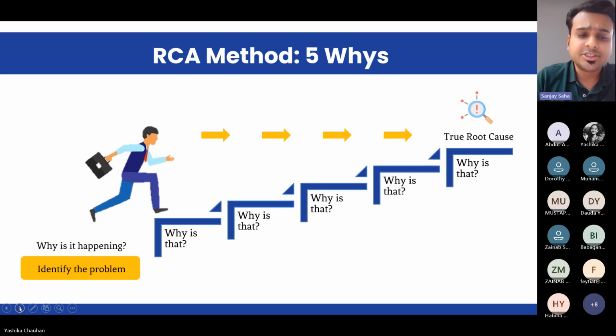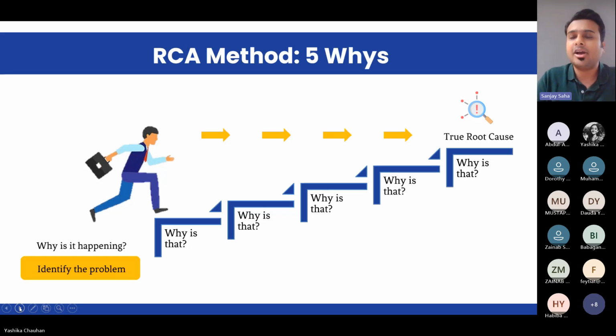Now, Abdulaziz mentioned it briefly in the initial section, that it is not necessary to ask the questions just 5 times. Sometimes you may find your root cause at the third why, and sometimes you may have to do it for 6, 7 times as well. It is not necessary that you only have to ask it 5 times.